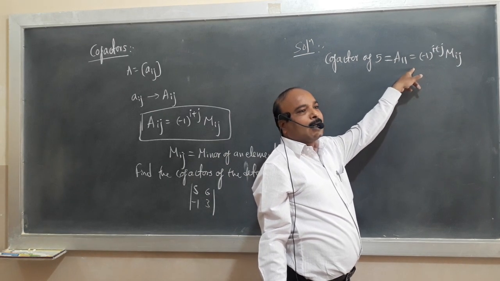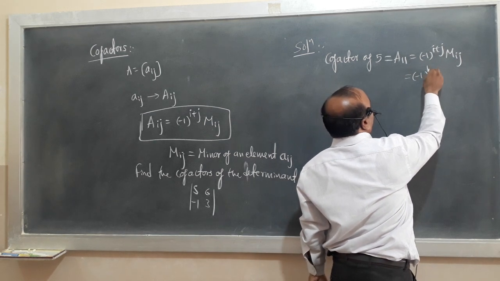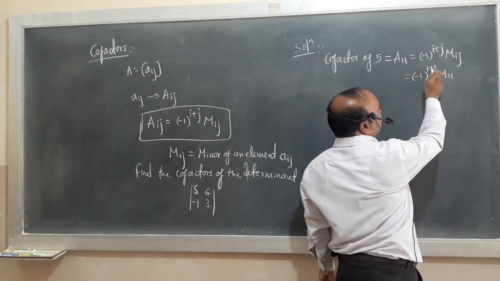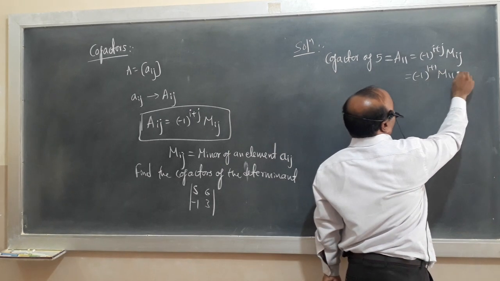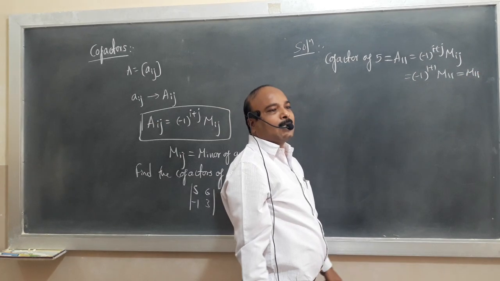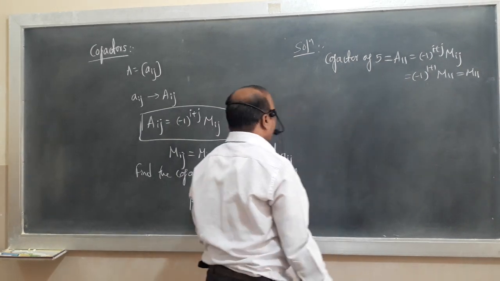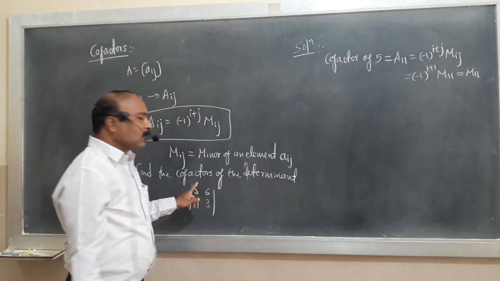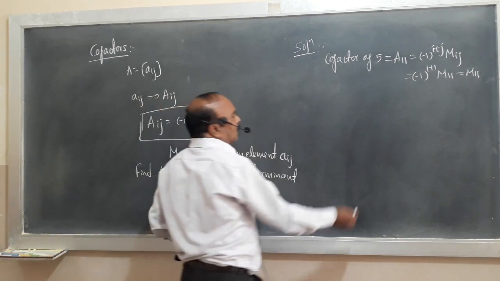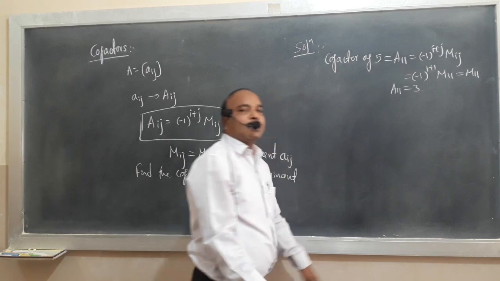Substituting, we get minus 1 power 1 plus 1 into M11. Minus 1 squared is 1, so 1 into M11 is M11 only. Cofactor of 5 is nothing but M11. M11 is obtained by deleting this column and this row, which leaves 3. Therefore A11 equals 3.